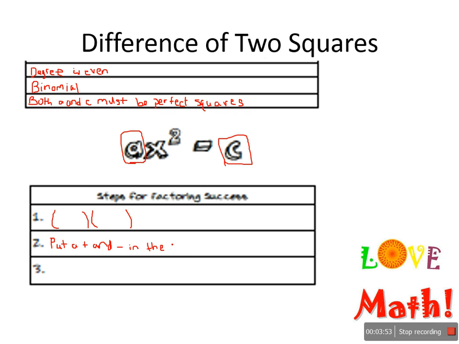So it'll look like this: plus, minus. Difference of 2 squares always works like that.